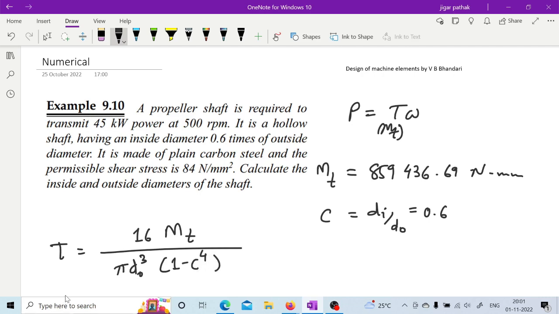Is it okay? Tau is directly given as 84, right? Mt you have calculated, C you are having, so you will find the Do from this. So what is this Do?